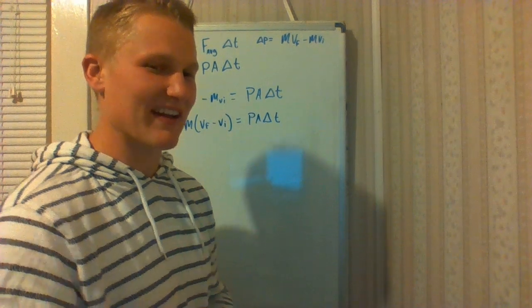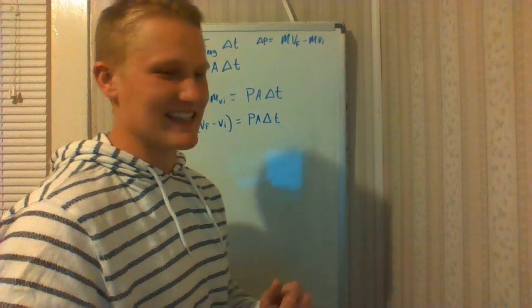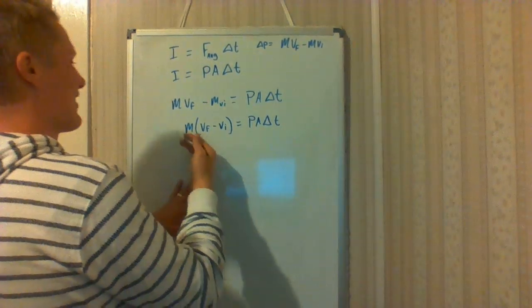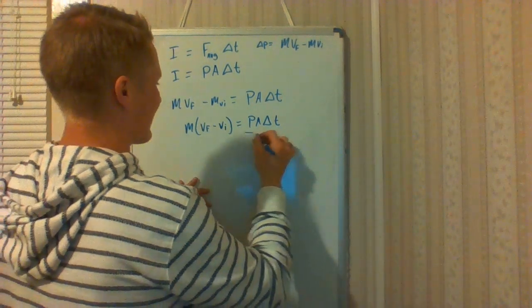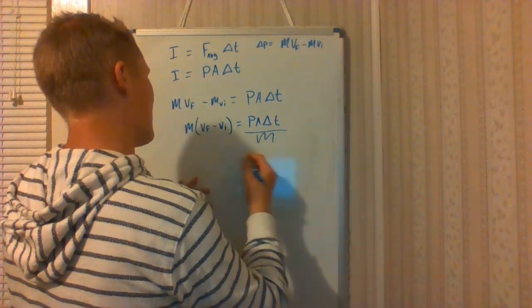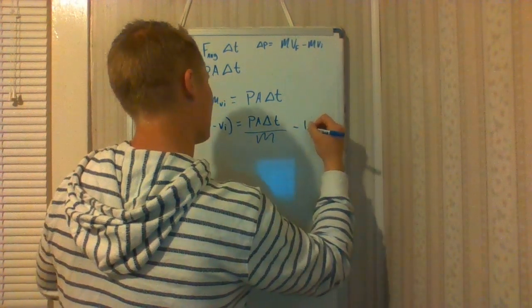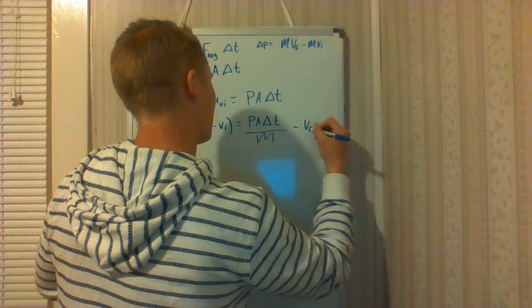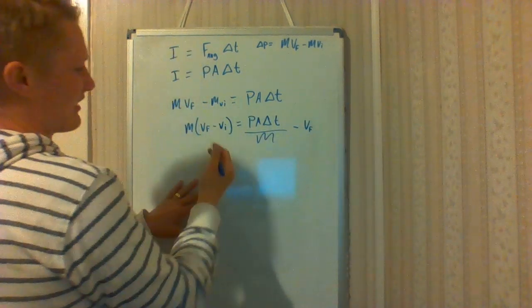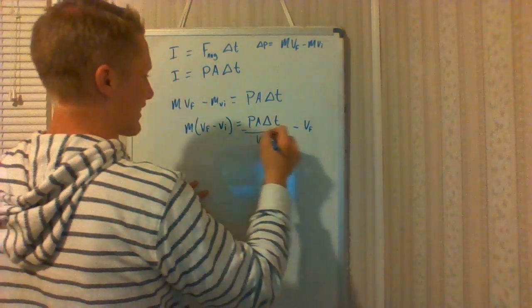So we have to solve for initial velocity, divided by m, subtract vf. And then we'll need to flip all of our signs, so this would be negative and then positive.